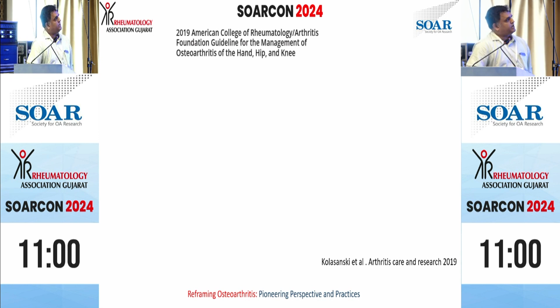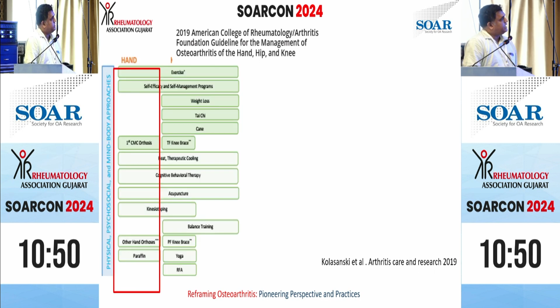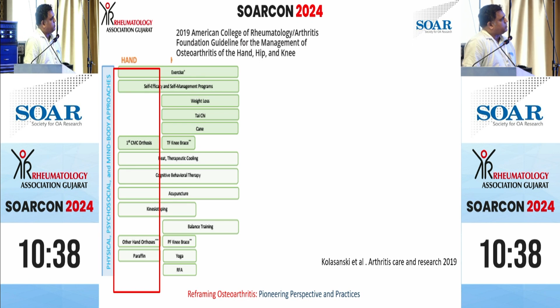I would like to briefly highlight these 2 existing criteria. One is the 2019 American ACR criteria for treatment of osteoarthritis of the hand, and they have divided it into non-pharmacologic therapy and pharmacologic therapy. Of course, the approved non-pharmacologic therapy, as was dealt with earlier, includes the CMC joint orthosis and exercise programs.